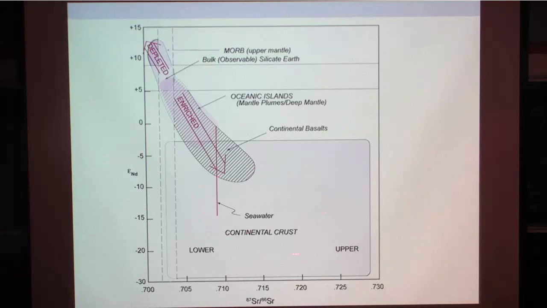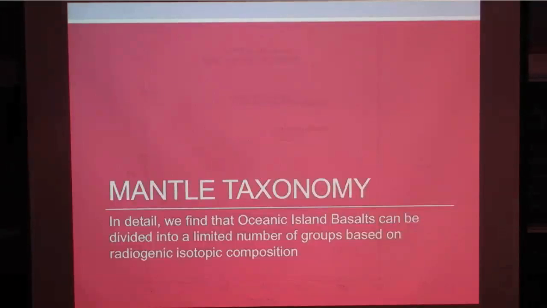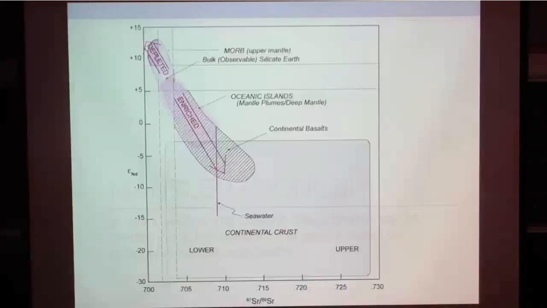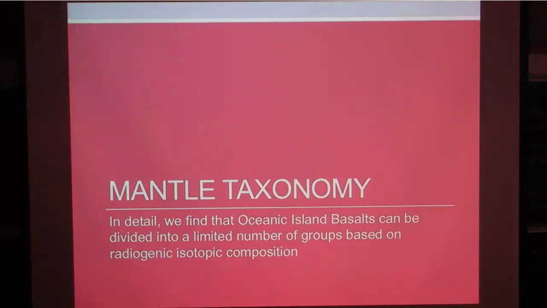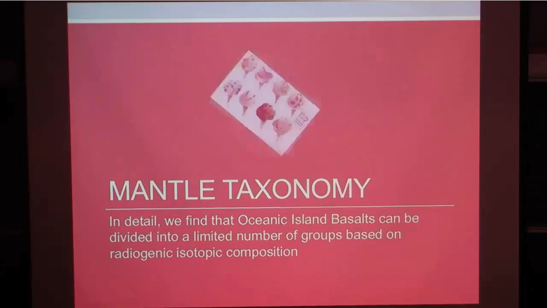And here's continental crust, in some sense the complement, enriched in incompatible elements, and then the oceanic island basalts somehow in between. In detail, it's more complex, but we can also simplify it a bit. There's a lot of variability in here, but we can break things down into a sort of taxonomy.